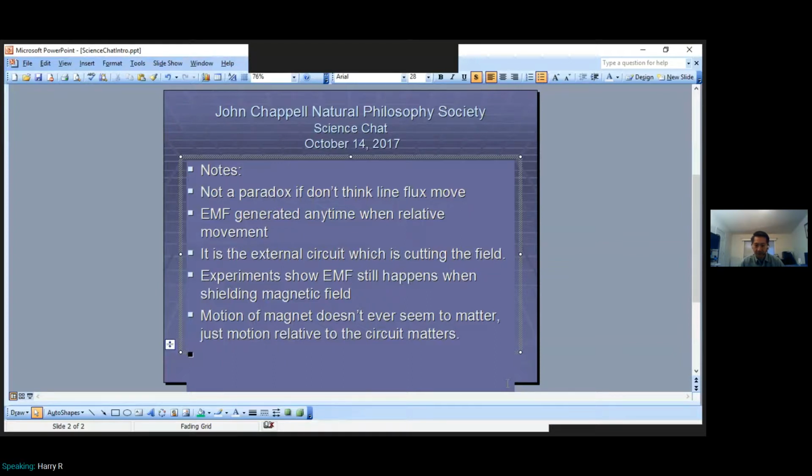Well, numerous experiments have been done with respect to these types of paradoxes. What they do in the engineering books is they give you a bunch of rules about when you'll get an EMF and when you won't get an EMF that sort of get around these issues.